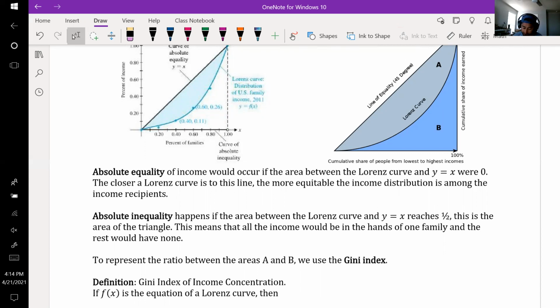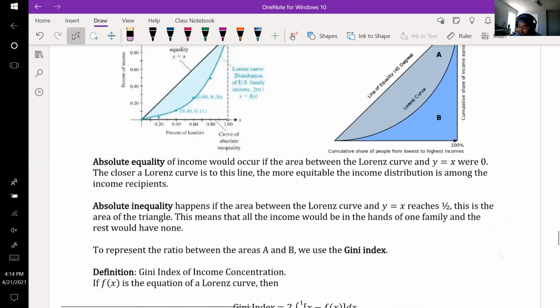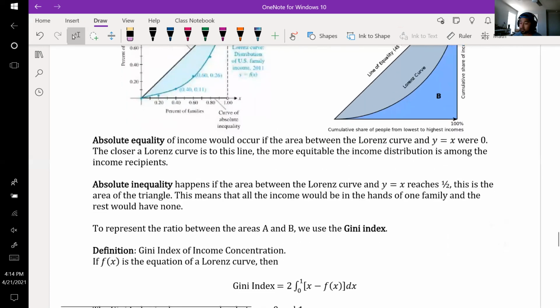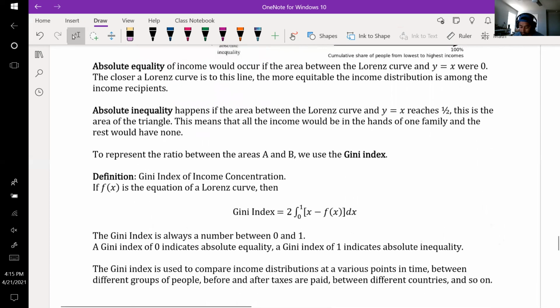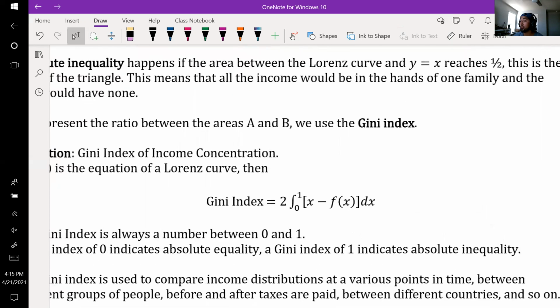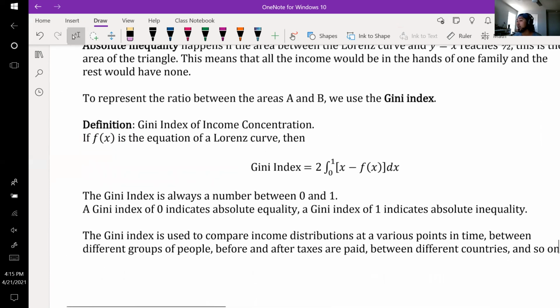All right. So to represent the ratios between the areas A and B, we use something called the Gini Index. And it's given by the formula 2 times the integral from 0 to 1 of x minus f of x dx. The Gini Index is always a number between 0 and 1.